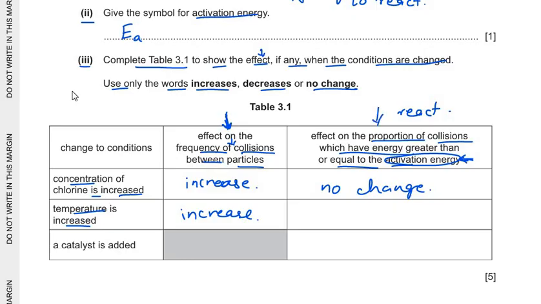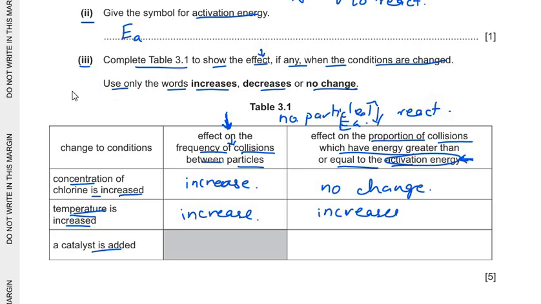Now what about the proportion of the collisions which have energy greater than the activation energy? If the temperature increases, the number of particles having activation energy increases, and that's why the proportion of the collisions due to it should also increase.